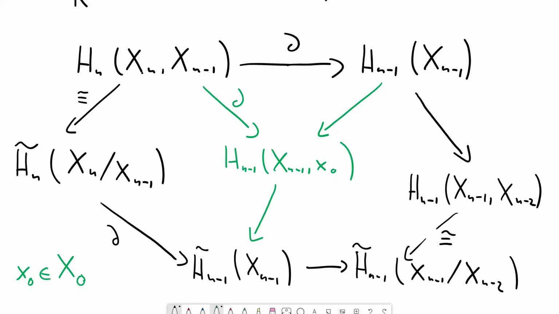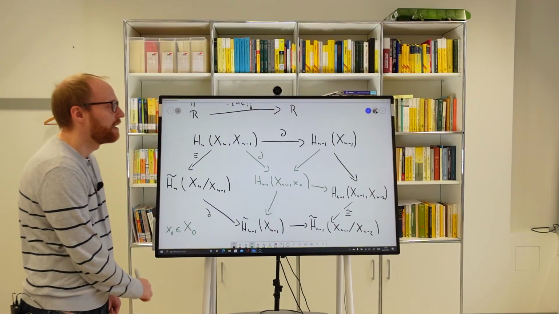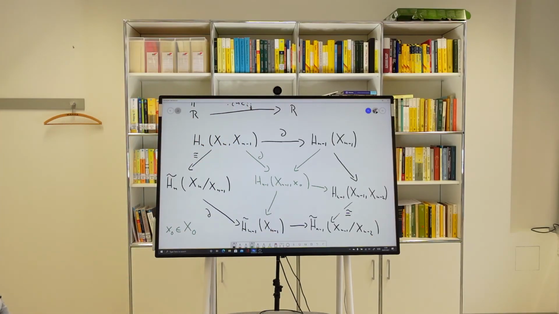And I finally also got a morphism in this direction, again coming from a map of pairs of spaces, because I chose x0 in the 0-skeleton, so it lies in particular in the (n-2)-skeleton, and I have this induced map here. All right.